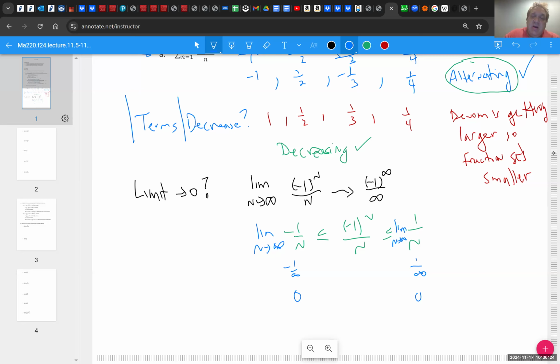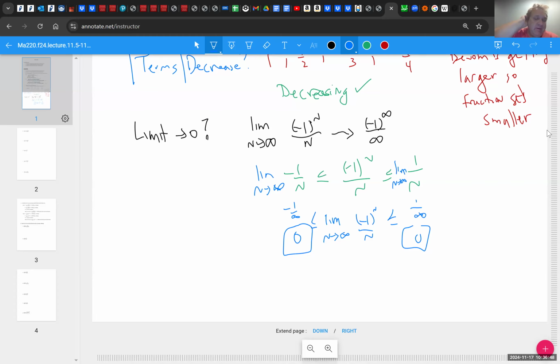So we now know that whatever the limit of this thing we're looking for is, it is greater than or equal to 0, and it's less than or equal to 0. Well, the only way something can be greater than or equal to 0 and less than or equal to 0 is to actually equal 0. So this is how we do the squeeze rule to show that officially.